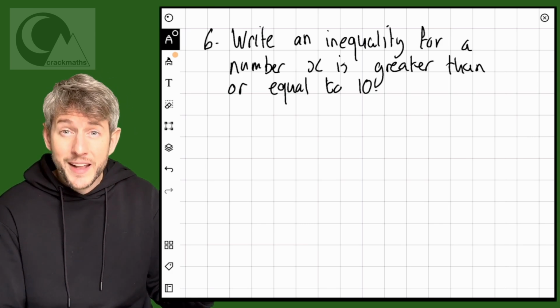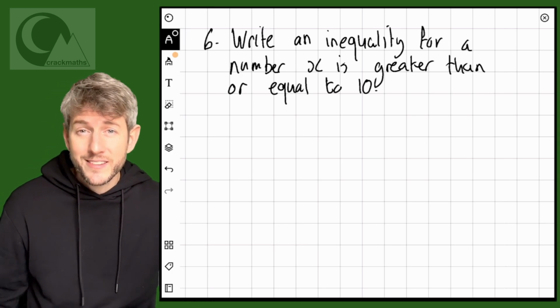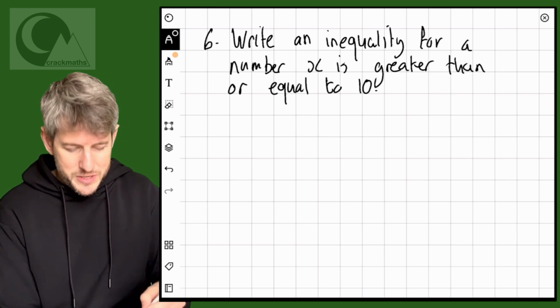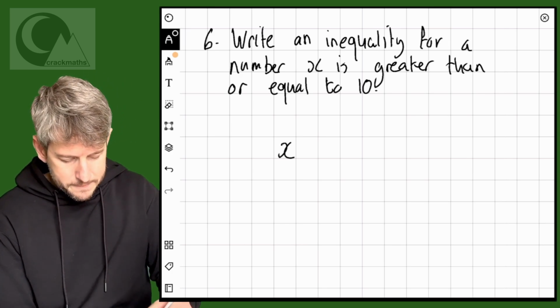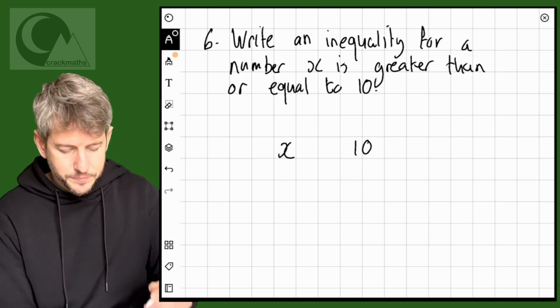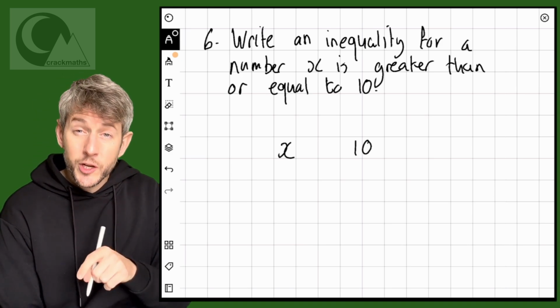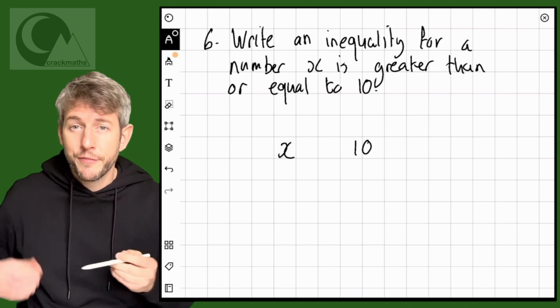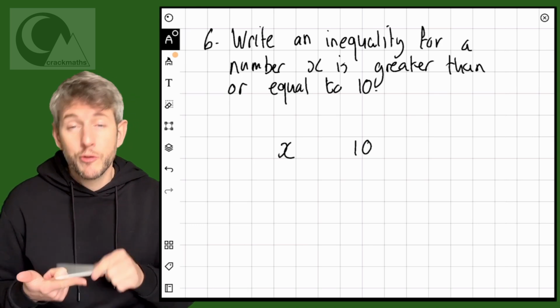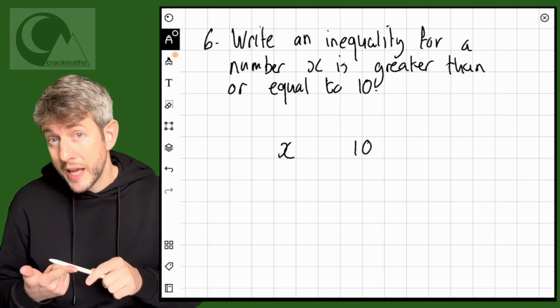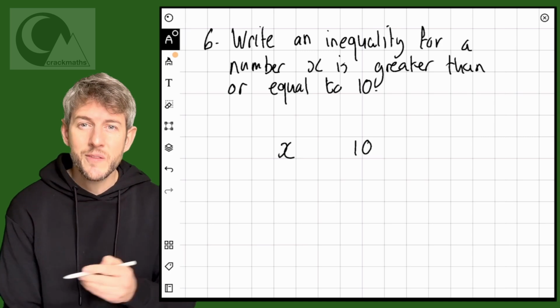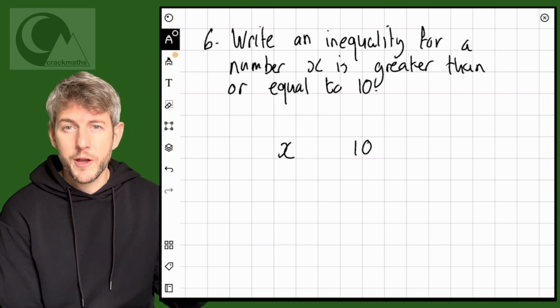I'm going to write x and 10 down first, because that's how we've been doing it. So I'll write x here and 10 here. Now, the word inequality refers to the less than or equal to, greater than or equal to, greater than or less than symbols.